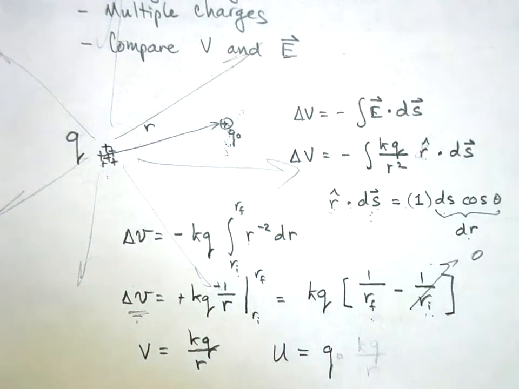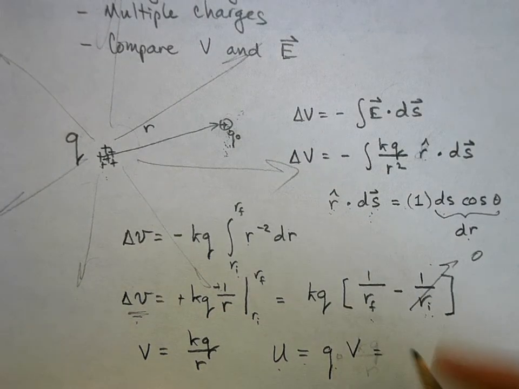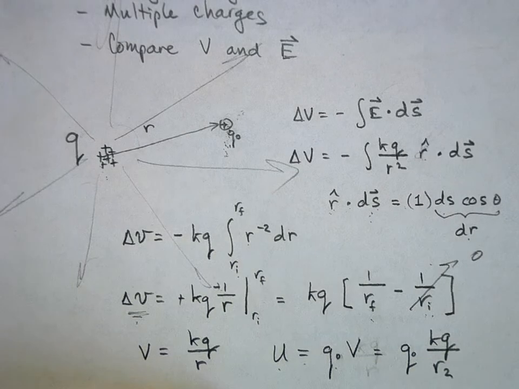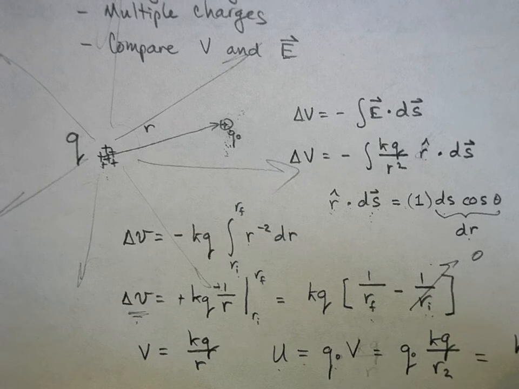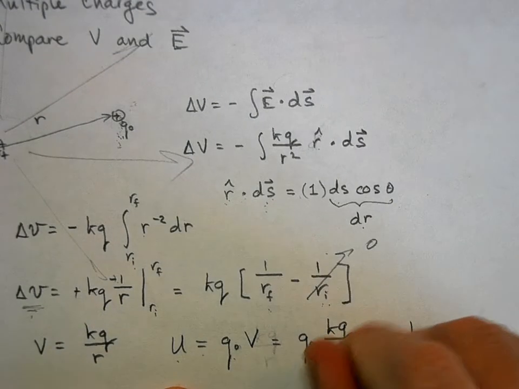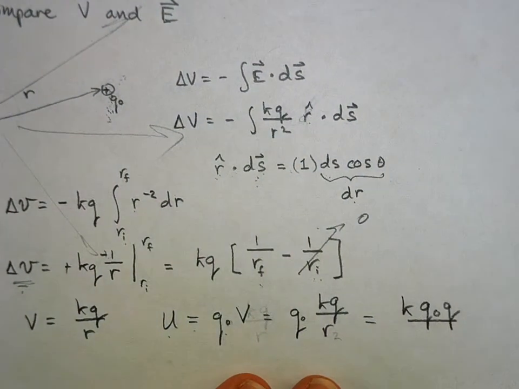Remember that potential energy is equal to the charge that I moved times my voltage. And this is Q naught times kQ over r, and this becomes kQ naught Q over r. Okay, over r.